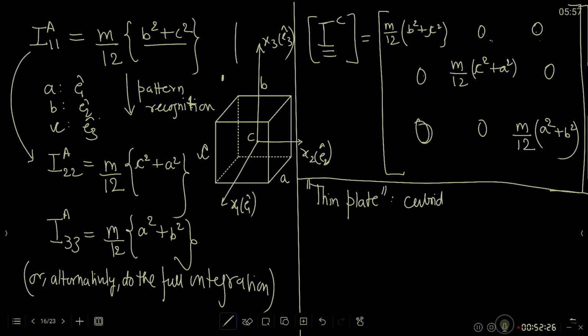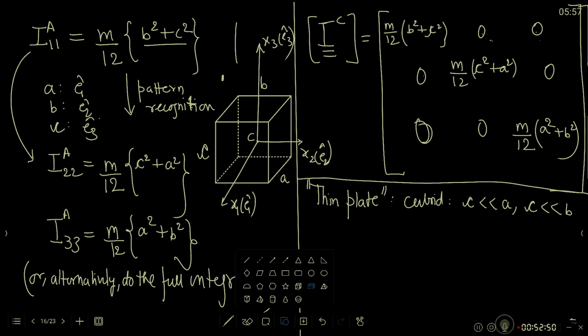So let's take that thin edge to be c in our case. So I am saying we know that c is much less than a and c is much less than b. So it becomes a flat plate, something like this, which I can easily draw. So you are dealing with a situation like this.